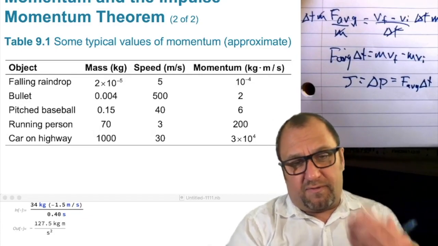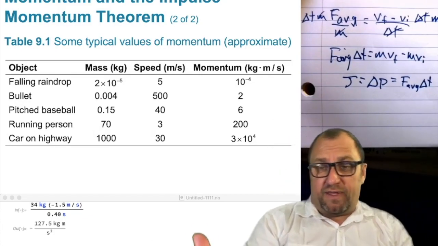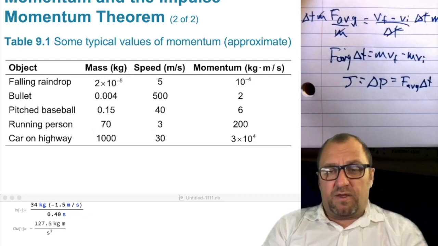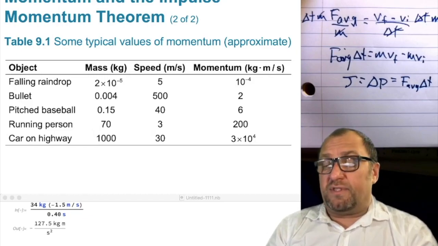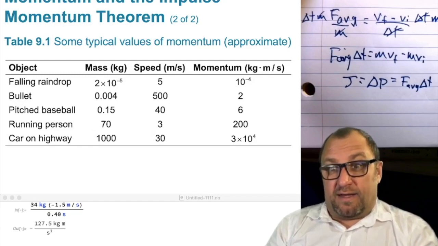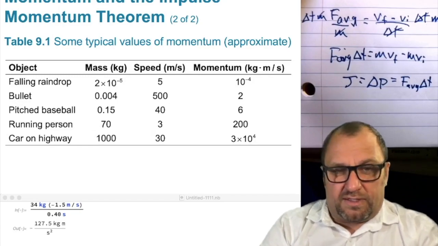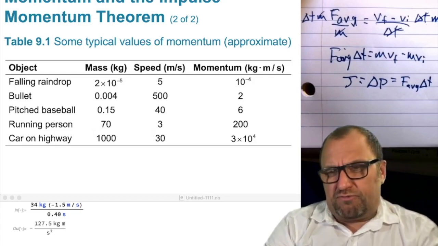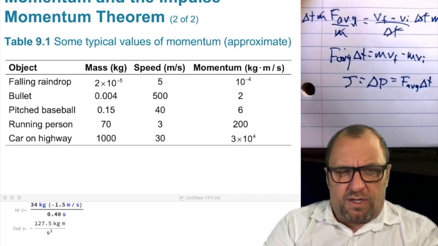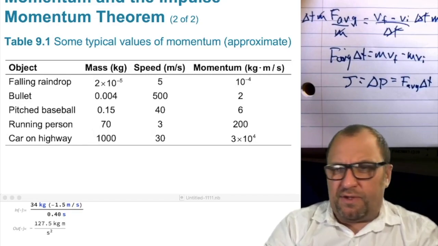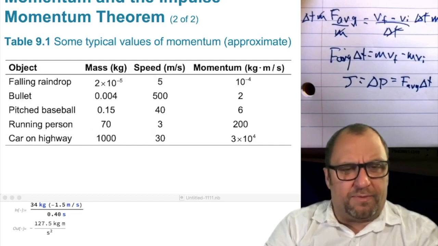Even though the bullet's going 500 meters per second, you're heavy, so you can hit something with a lot more momentum. Or a car on a highway, 3 times 10 to the 4. That is a lot of momentum. Some of these can kill you. Pretty much all of them can kill you, maybe not a running person unless you had a spear or a pointy object.